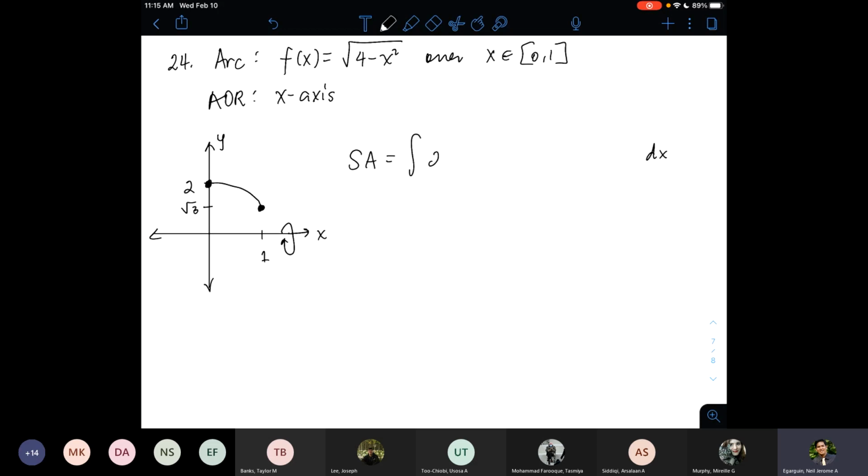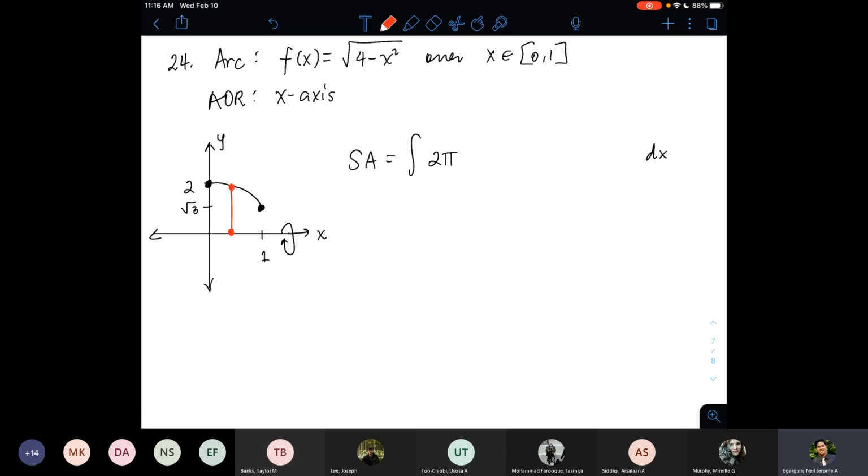Remember the formula, we need 2 pi times the radius. The radius is basically how far a point on the curve is from the axis of revolution. The radius traveled by a point on the arc would be from the AOR towards this point, which you can interpret as the length of a vertical strip.